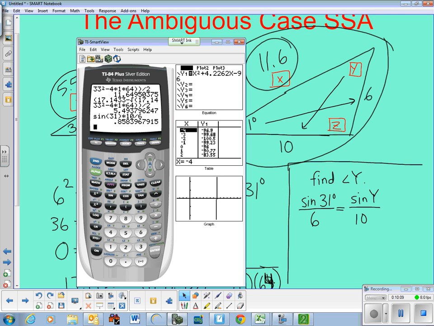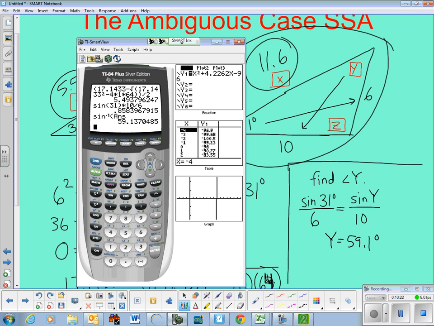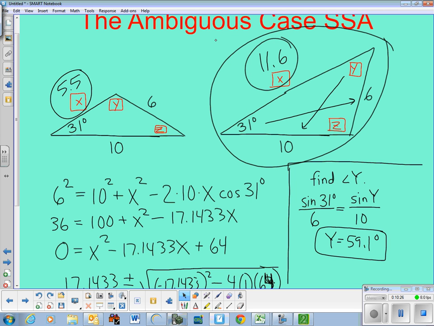Now sine y equals this number, so I need to inverse sine that number, and I get 59.1 degrees. All right, so it looks like it worked out. Is y 59.1? Yeah, it makes sense. It's not completely wrong. Okay, so in that case, it worked out fine. Use the law of sines to get an angle. Sometimes you're going to be okay.